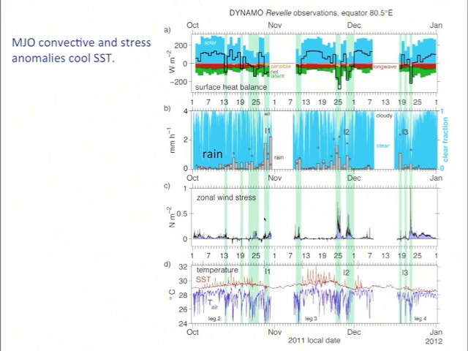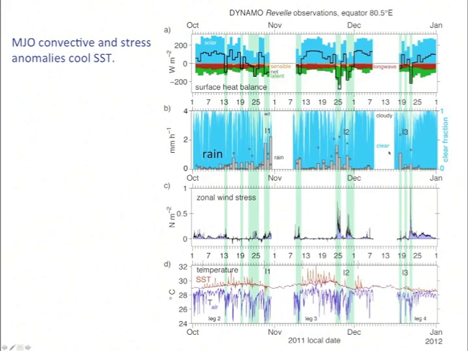So you can see that on days when the heat flux is negative, there tends to be more rain. You can see these rain events at the end of November and at the end of October. And we just caught the end of a rain event probably on the third leg of DYNAMO in the middle of December.